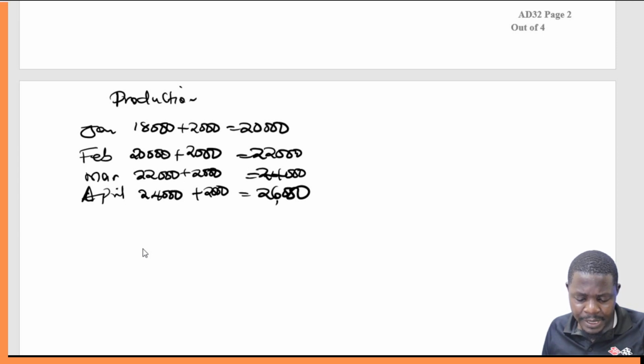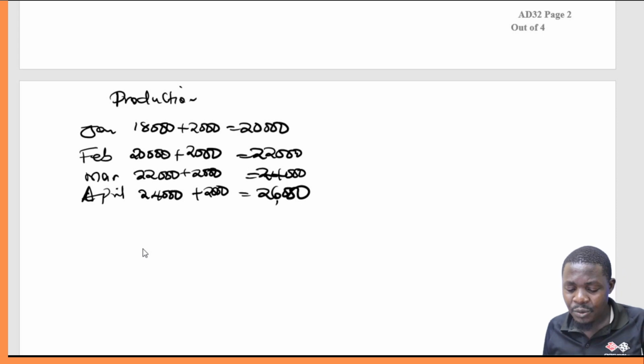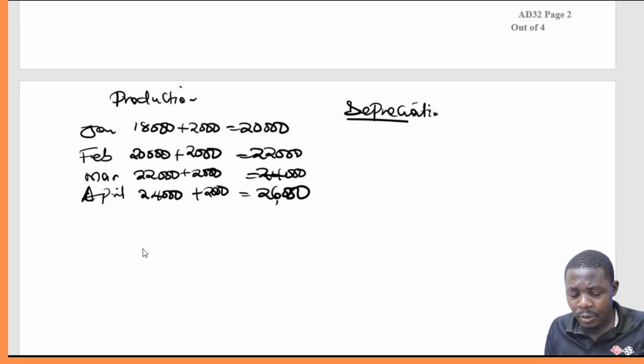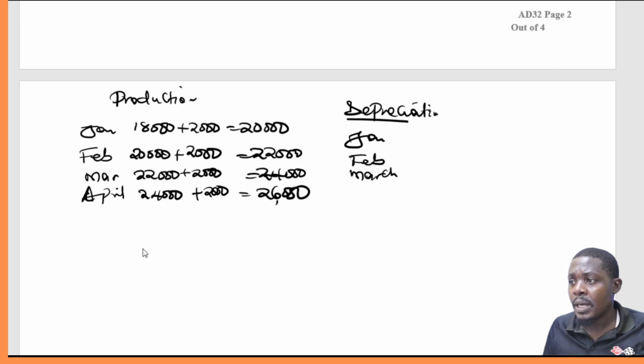So we have depreciation. Depreciation expense is expected to be 5% of actual sales per month. Remember the sales. We are interested in January, Feb, March, and then April.